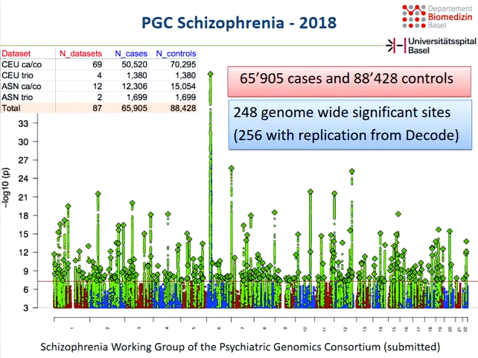And the latest freeze now in the PGC Schizophrenia Consortium from 2018 involves more than 65,000 cases and 88,000 controls, and there are now approximately 250 genome-wide significant sites. And that is really an impressive progress, one has to say. Starting from zero, with 2,000 cases and controls, to more than 250 genome-wide significant sites.